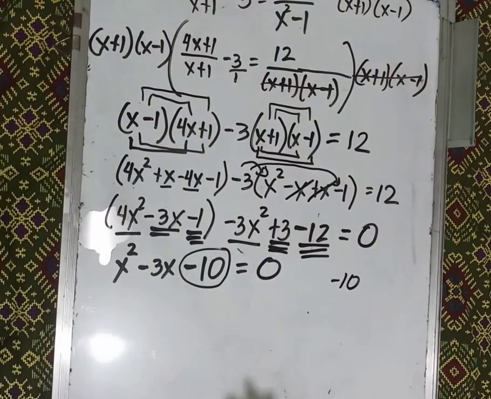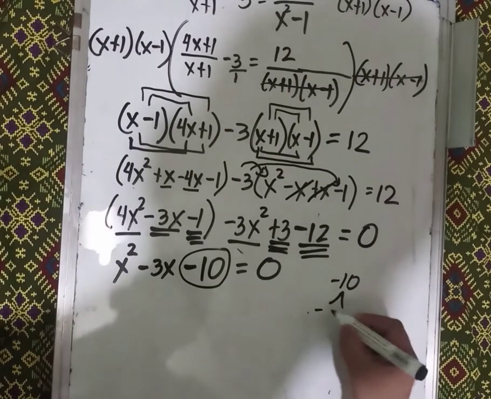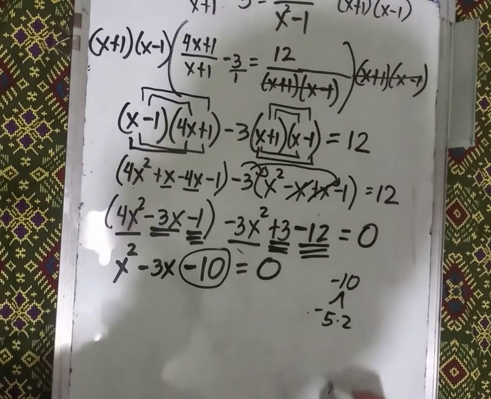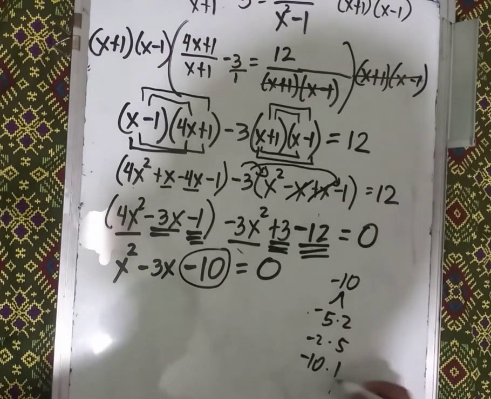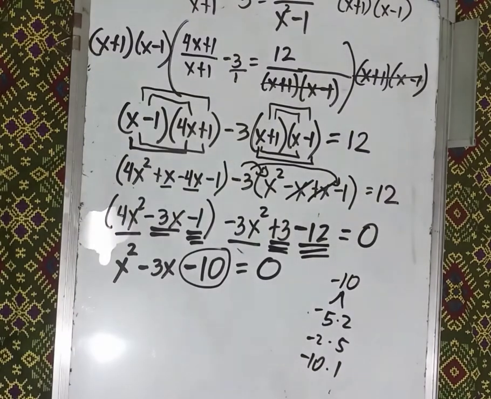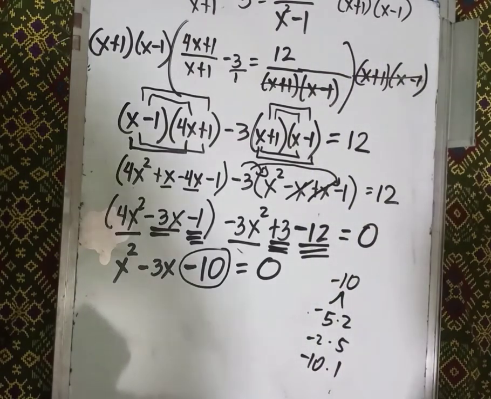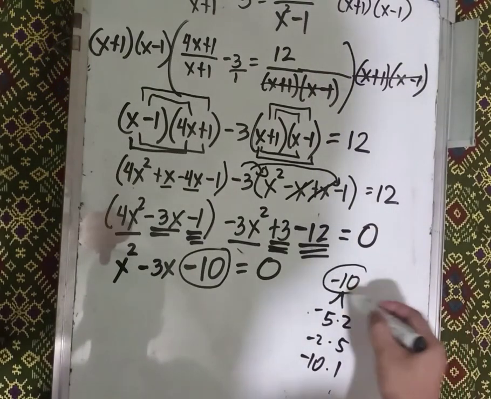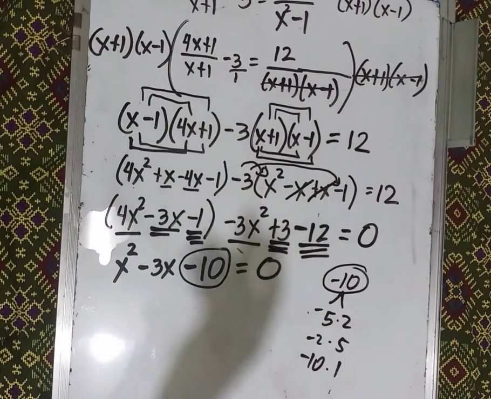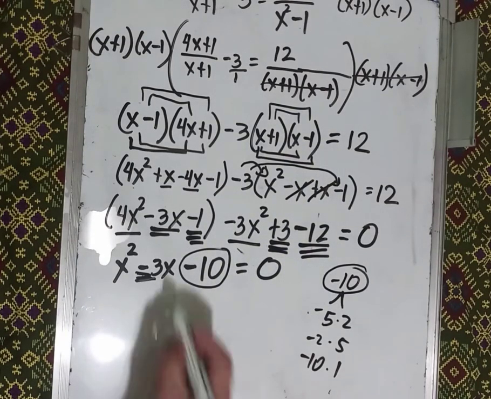What are the two numbers that if you multiply, the result is negative 10? Okay, that is negative 5 times 2, negative 2 times 5, negative 10 times 1, and yan ang factor natin niya. Then what are the two numbers that if you multiply, the result is negative 10, and if you add the two numbers, the result is negative 3?